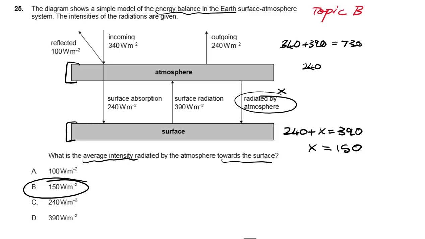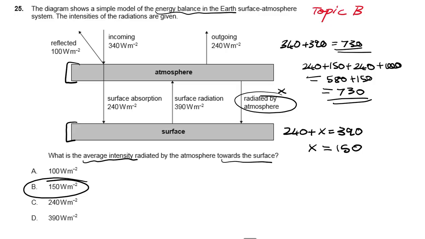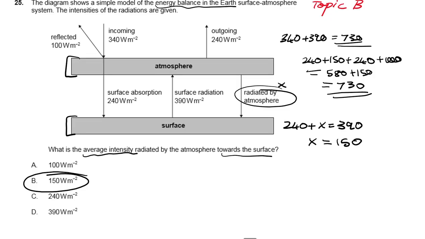So 240 plus 150 plus 240 going out again, and we have 100 going out plus 100. And so what we have here is 480, 580, 580 plus 150, and that gives us the exact same 730, right? So that's how you can find these answers even if you are a bit confused. It's an energy balance diagram.